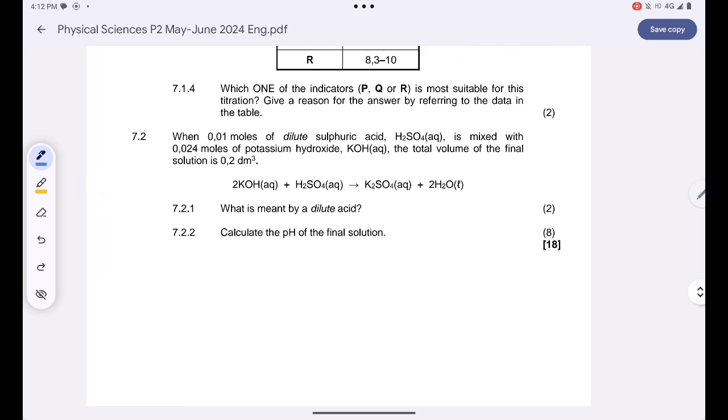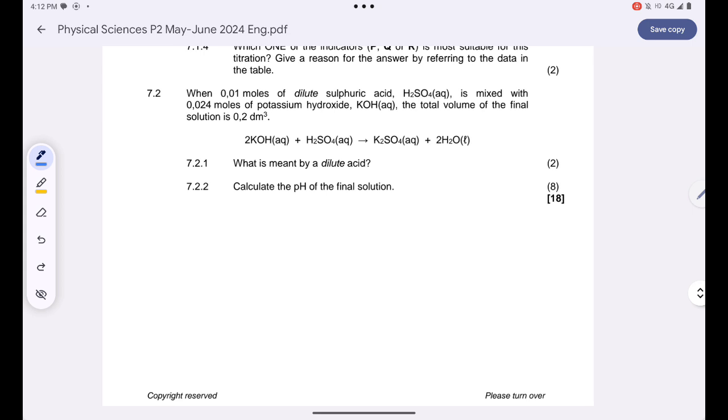Now we are being told that 0.1 moles of dilute hydrochloric acid is mixed with 0.024 moles of potassium hydroxide. The total volume of the final solution is 0.2 cubic decimeters. We are given a balanced equation.